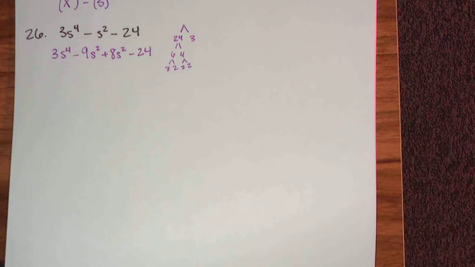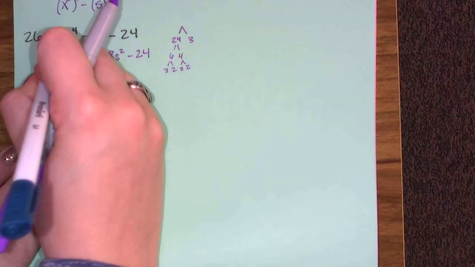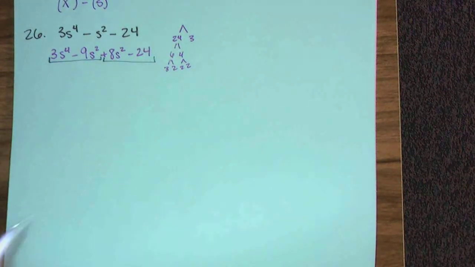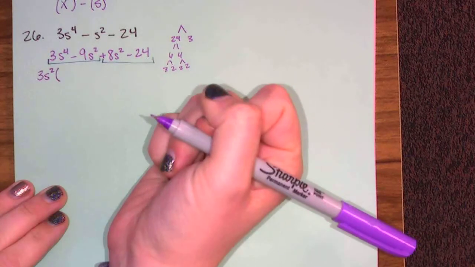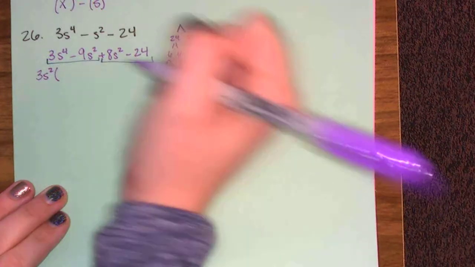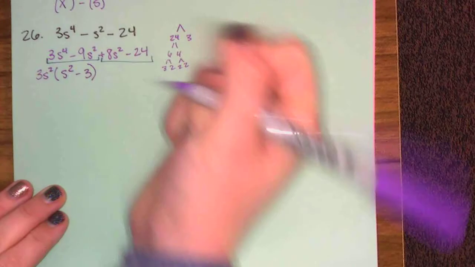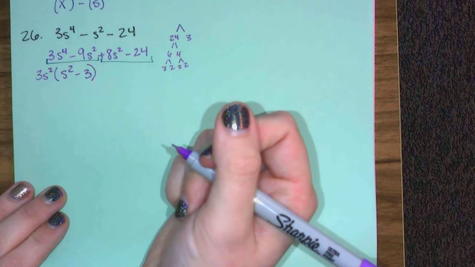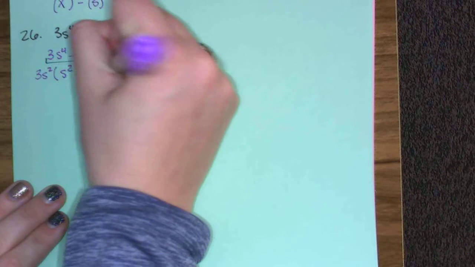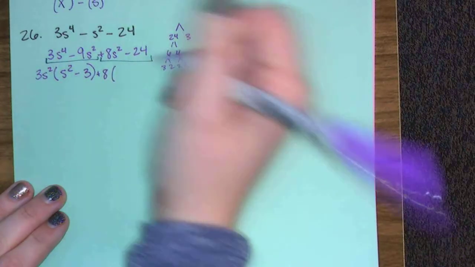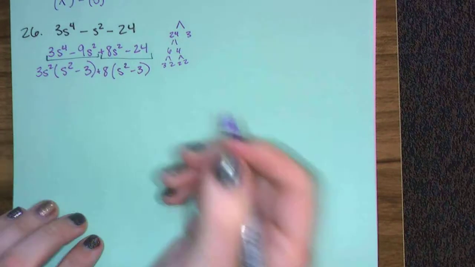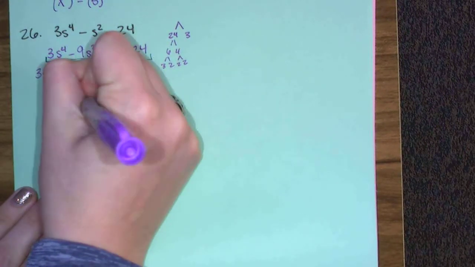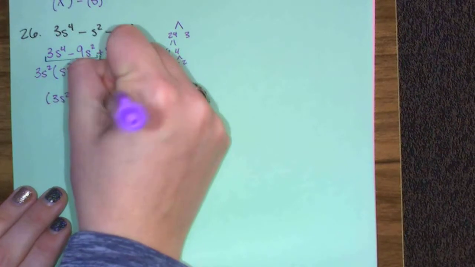Yeah, so I'm going to factor by grouping. So 3s squared leaves me with what? s squared minus 3. How about the other one? Take out an 8. And that leaves me with what? s squared minus 3. These match, so we're good.